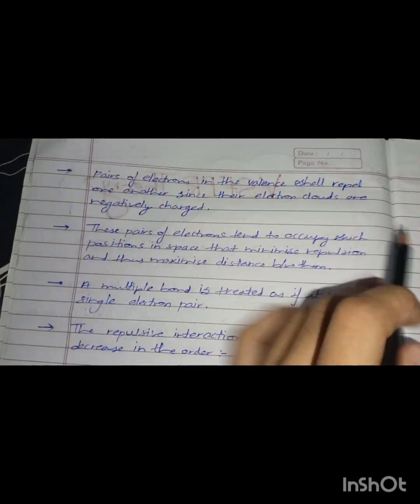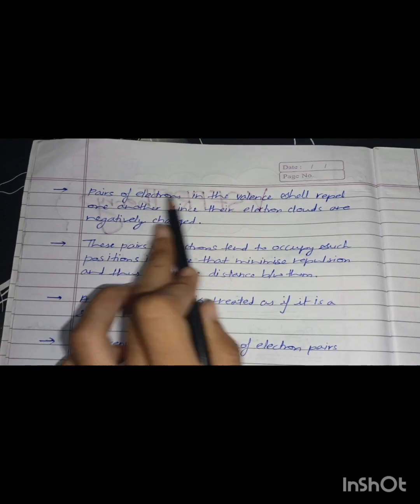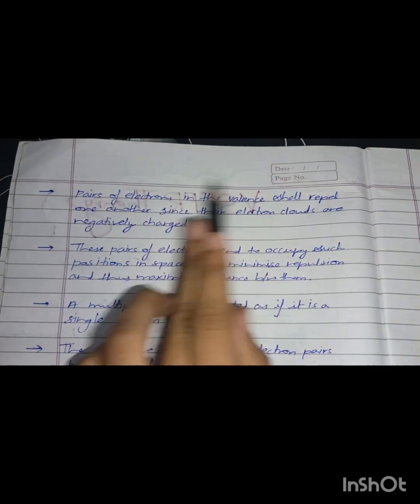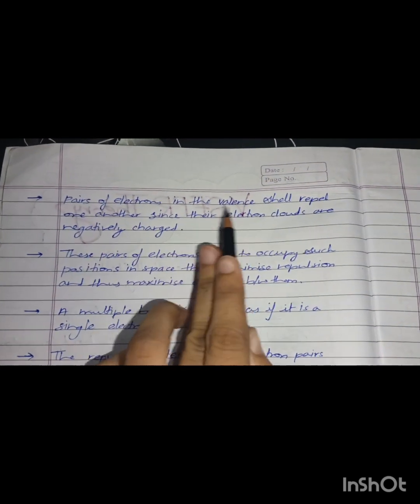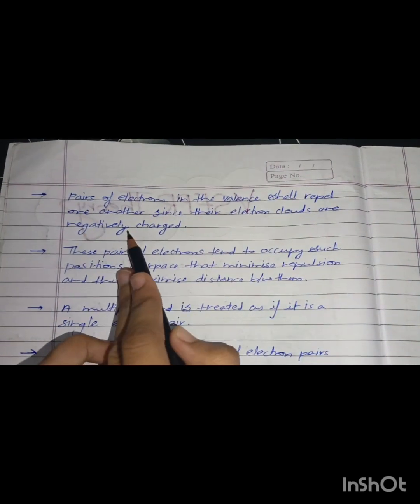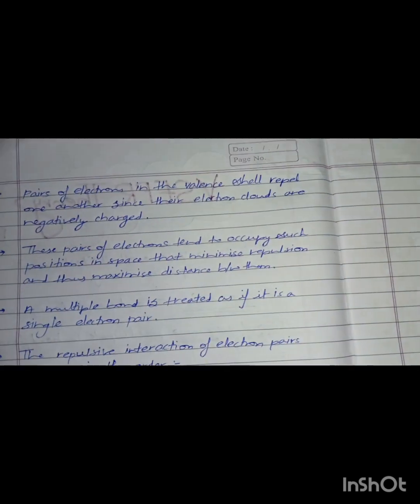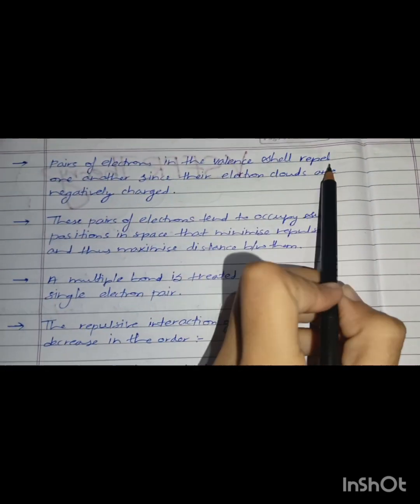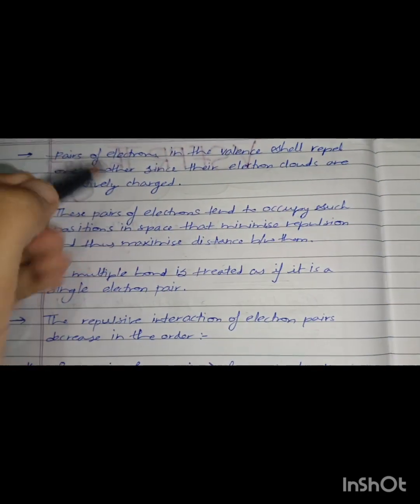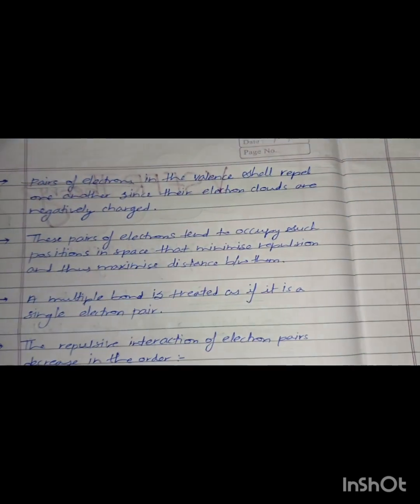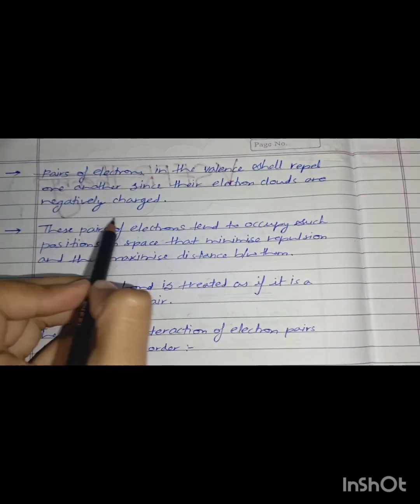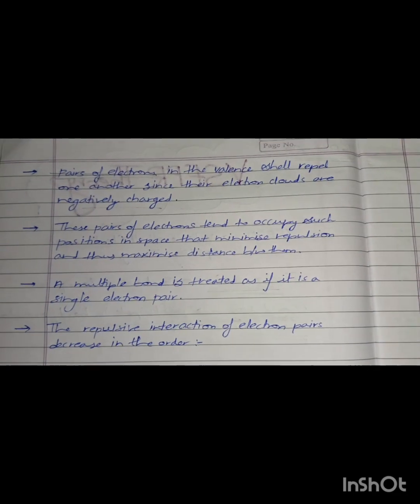Then second one: pairs of electrons in a valence shell repel one another since their electron clouds are negatively charged. I have discussed that electrons are of the same charge, that is negatively charged, so they will repel each other.